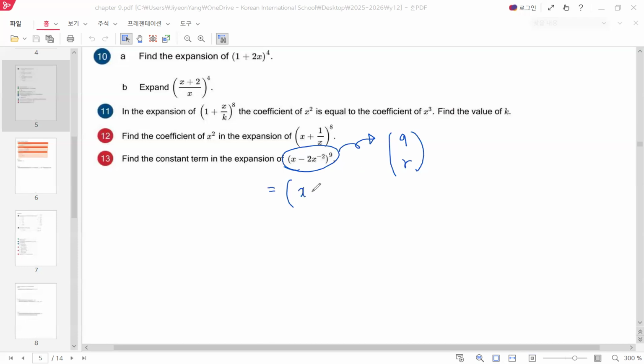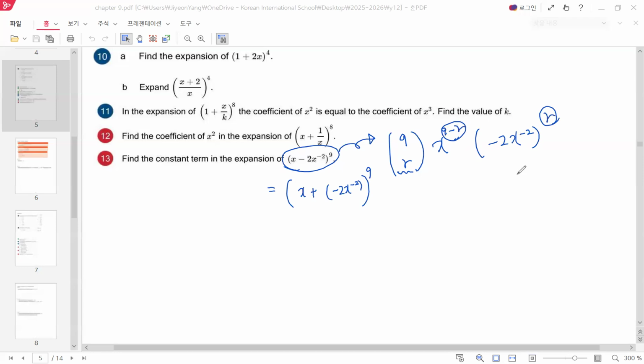Then x plus negative 2 x to the negative 2. So x to the power of something, and then negative 2, x to the power of negative 2, and then something. But since I wrote r here, you should write r here, and then here 9 minus r. Very good.